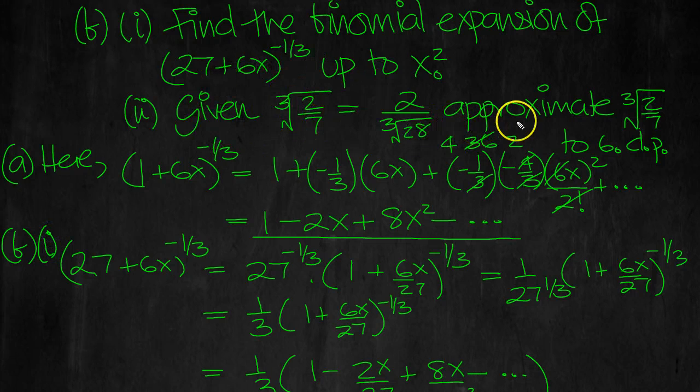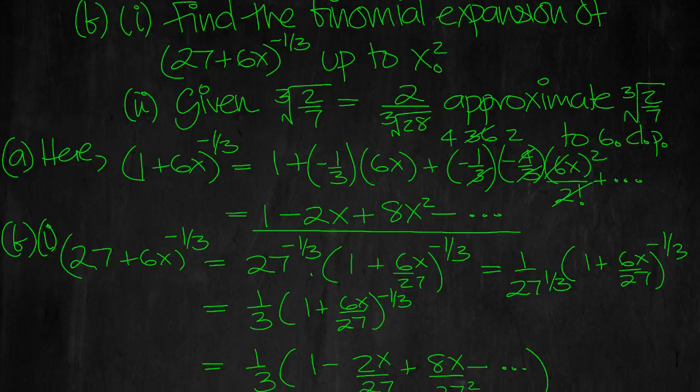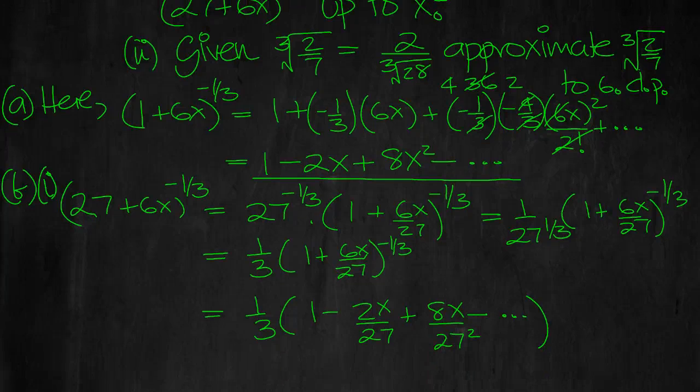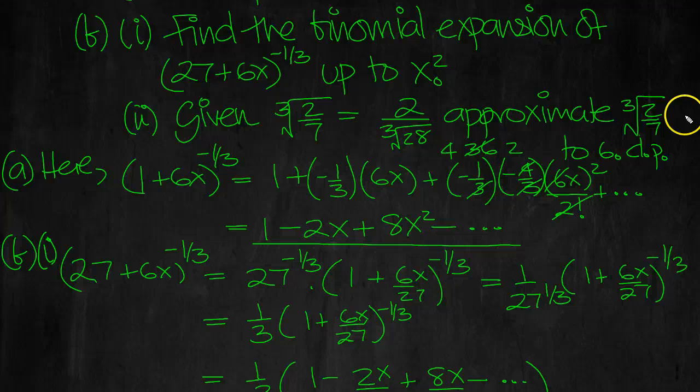Okay, given that this is equal to that, approximate this to 6 decimal places. Clearly we're going to use this series. We need 2 over the cube root of 28, so we need to make this 28.